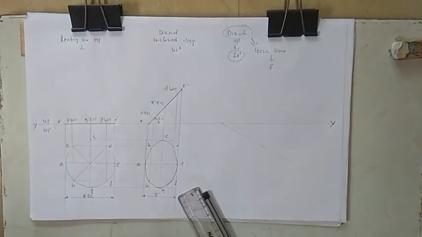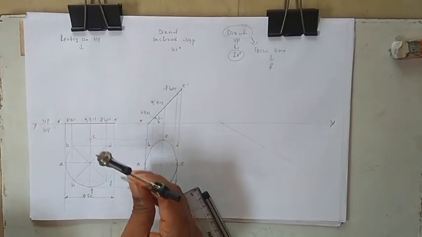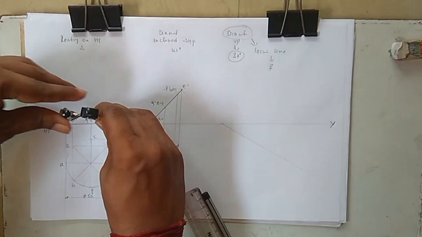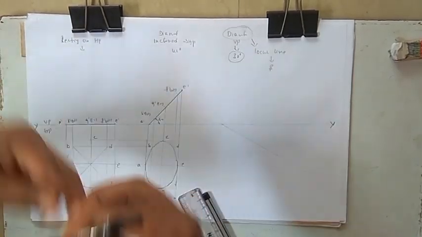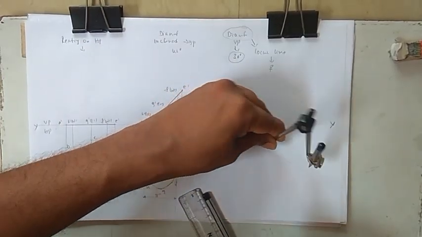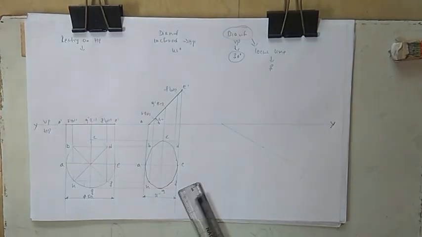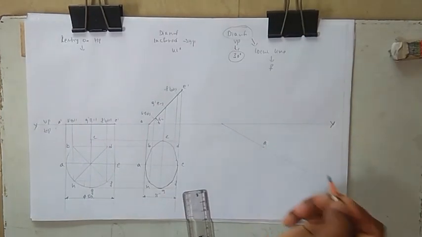Now take the first diameter, that is 50, from any reference point, and cut. So this is our A.